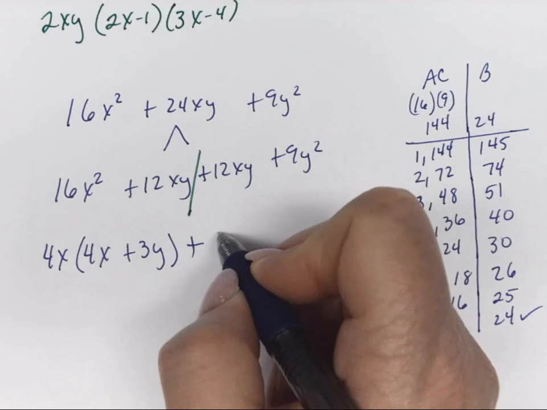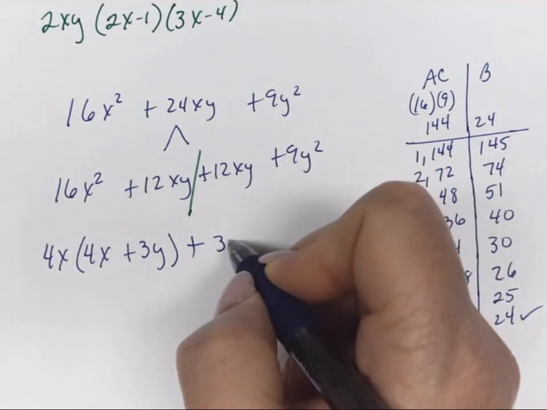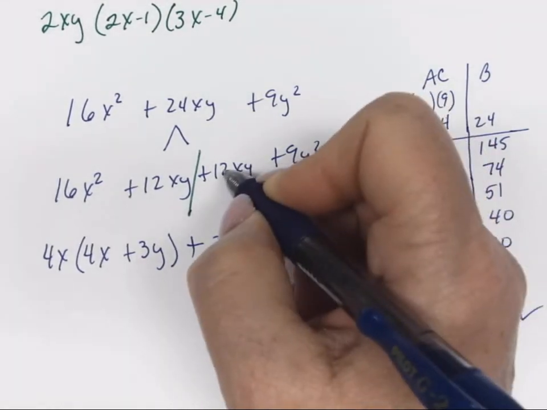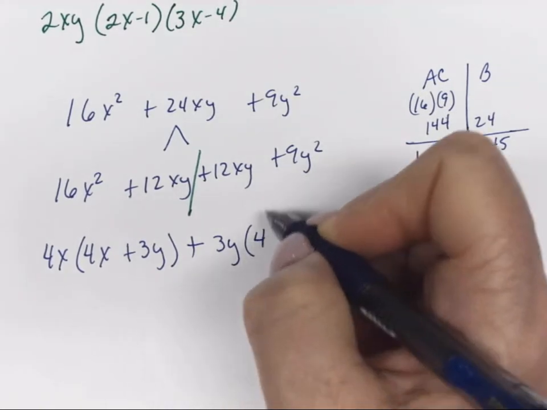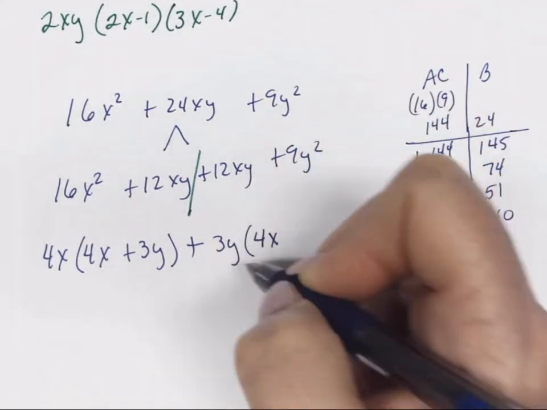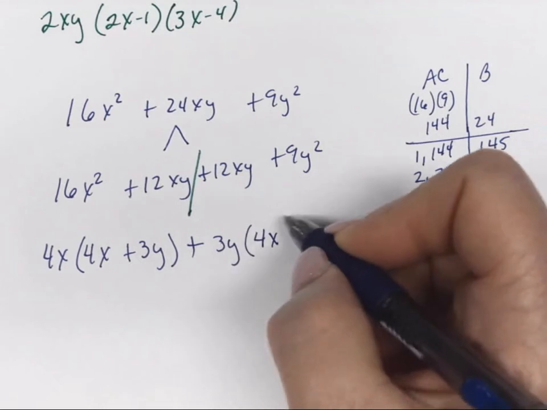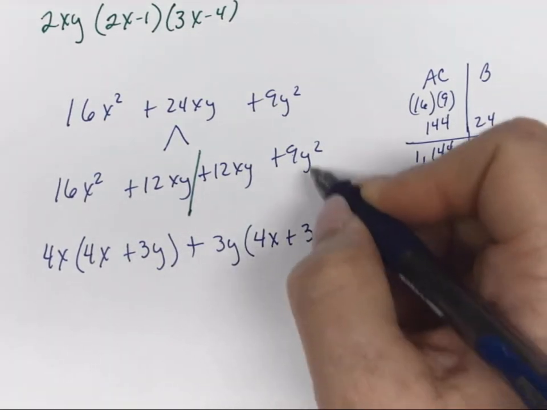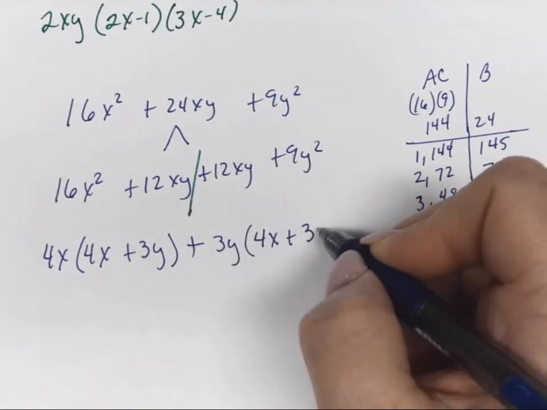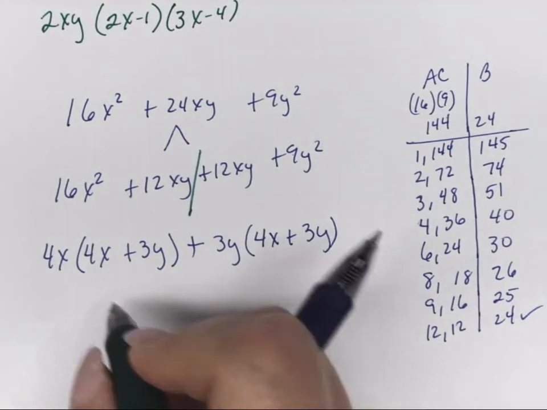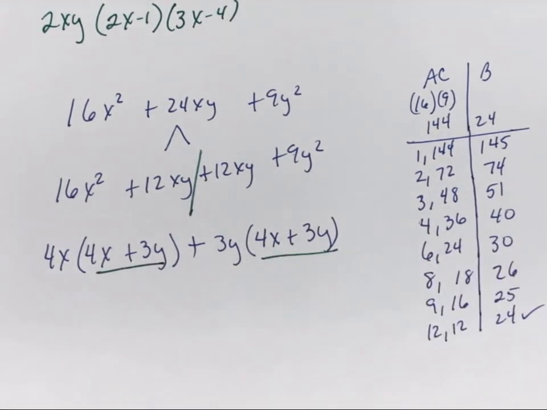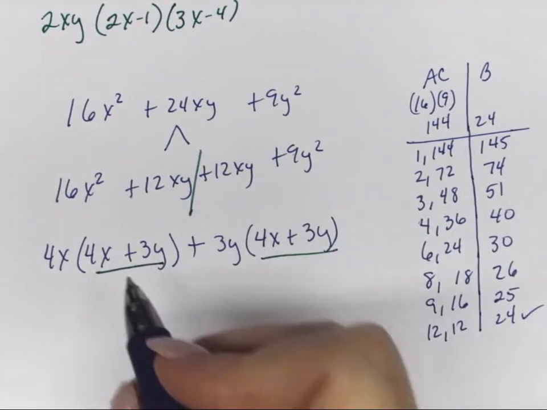I can factor out a 3, and I can also factor out a y. 12 divided by 3 will get us 4. The y will cancel. 9 divided by 3 is 3. Y squared divided by y will get us y. And look, our parentheses match. So we did it correctly.